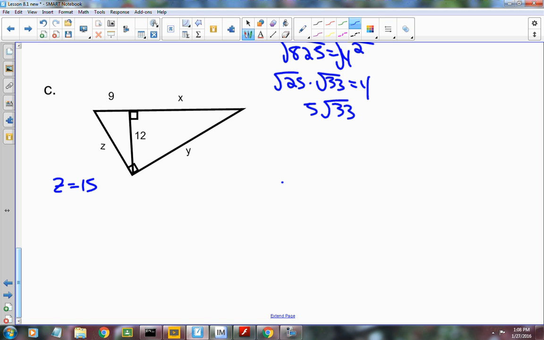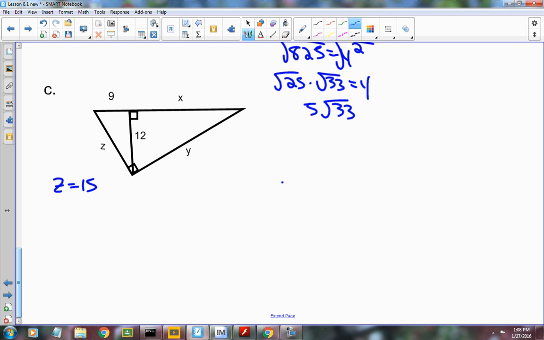Okay, so what should I find next? X. X? Okay, how am I going to find x? That's 12 over x. Okay, the 12 is the geometric mean between 9 and x. So could we set up a proportion? Yes.